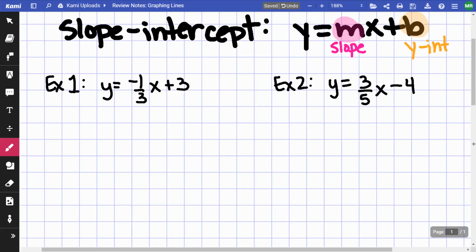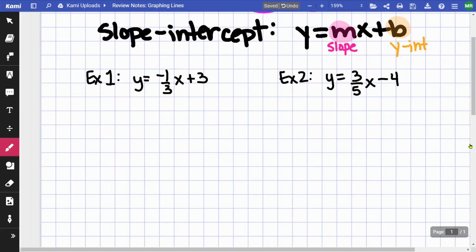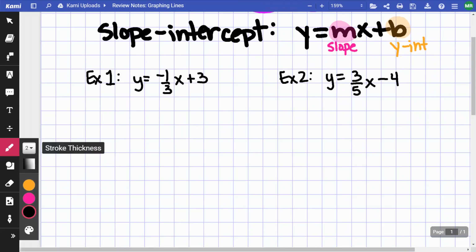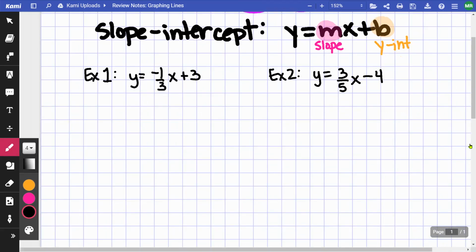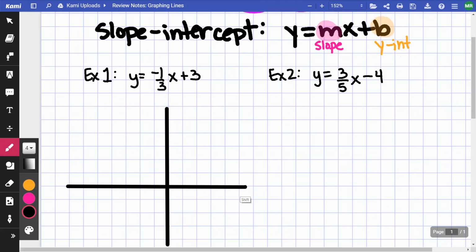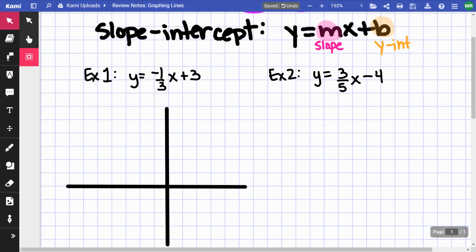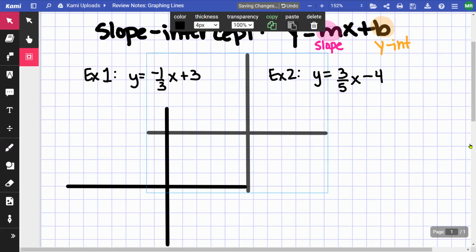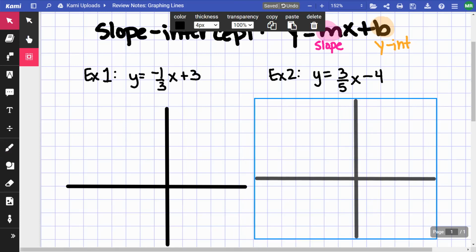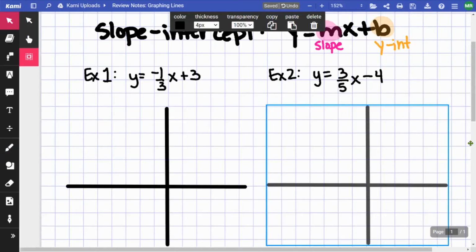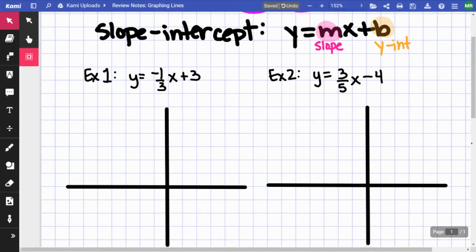So the first thing we're going to be doing is let me first get an XY axis. So let me just sketch that out here. And I'm just going to copy this and paste one over here. Okay.